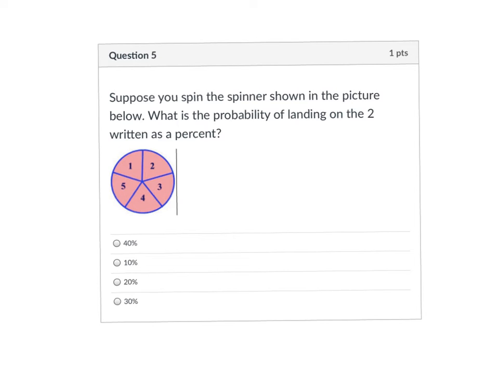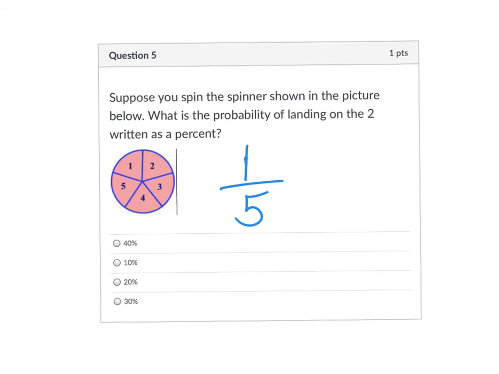Question 5. Suppose you spin the spinner shown in the picture. What is the probability of landing on the 2 written as a percent? This time, I can see that I have 5 options. They all have the same size. There's only one 2 on the spinner, so only one section has a 2.